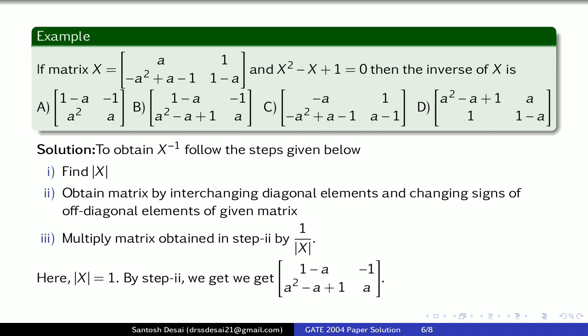Here one can observe that the diagonal elements are interchanged and the signs of off diagonal elements are also changed. And now multiply it by 1 upon determinant of X, and that is nothing but X inverse, and therefore X inverse is equal to, we'll get the matrix, and therefore the correct option is option B.